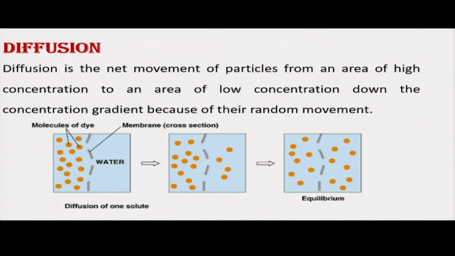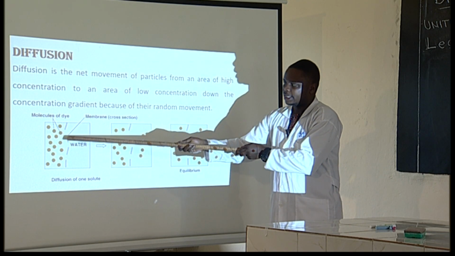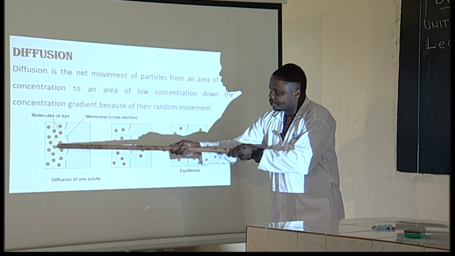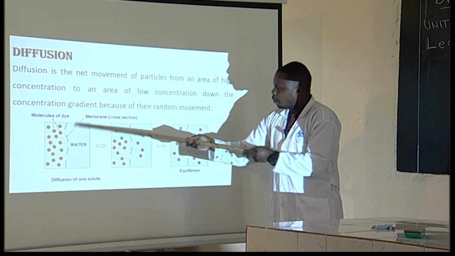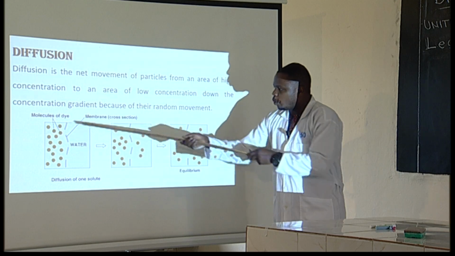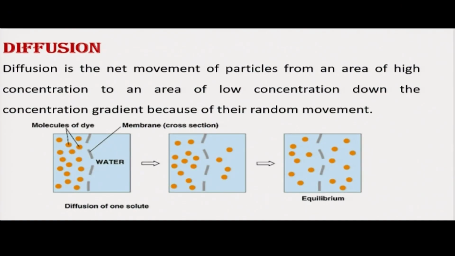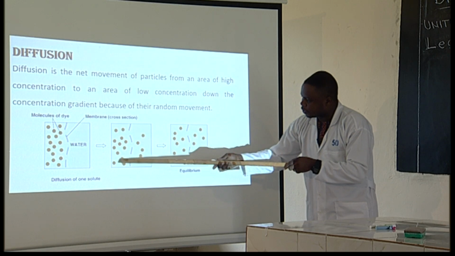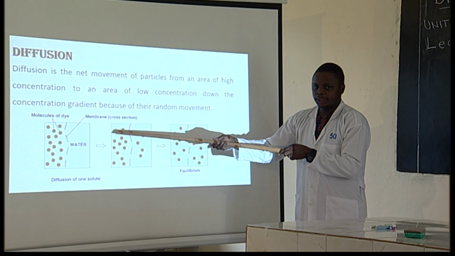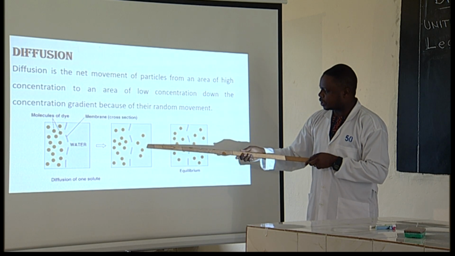Here, we say that these molecules are concentrated here. There is high concentration of molecules in one place. When they start moving from where they are highly concentrated to where they are less, that is what we call diffusion. The movement of molecules from the region of high concentration to the region of low concentration.